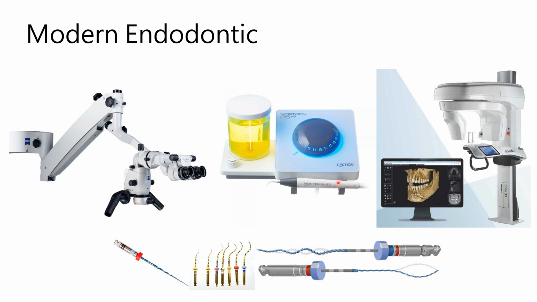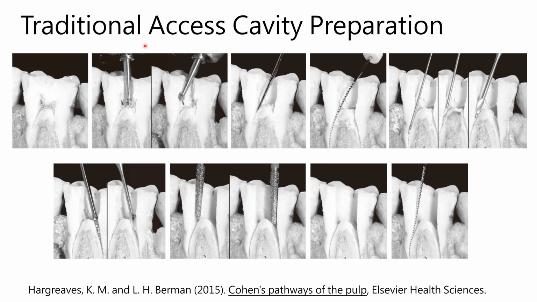So this is our modern endodontics. We use the microscope and ultrasonic, and of course the CBCT, and we have a lot of different kinds of rotary systems. All this new technology we can use to do a fine modern endodontic treatment. So here is the traditional endodontic treatment. We will use a high-speed bur and GG drill to do the access.